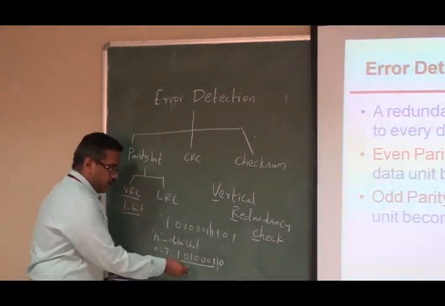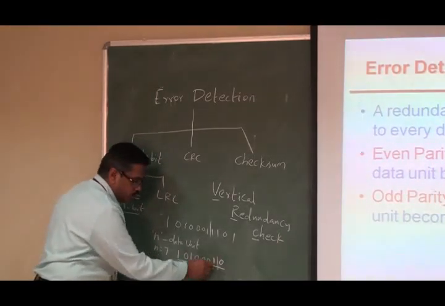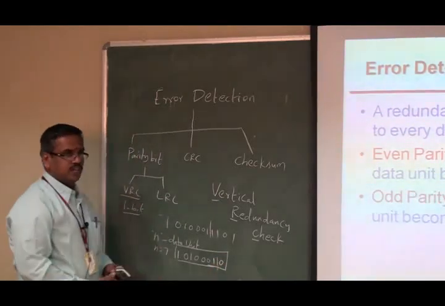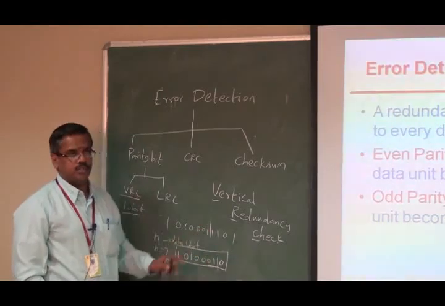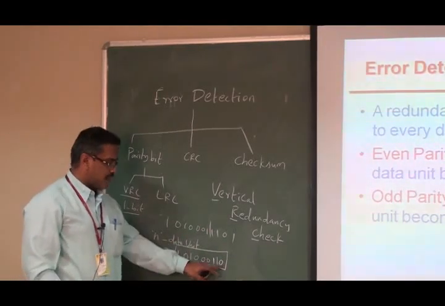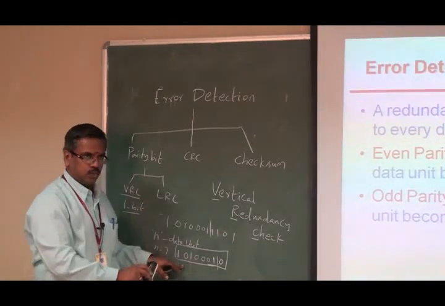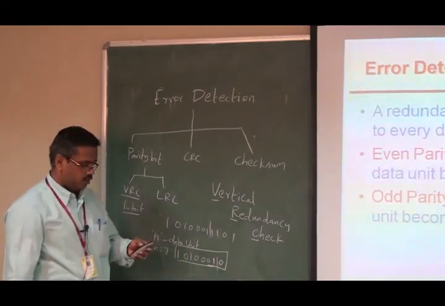Now combine the original data unit and this bit together and make it a unit. This is called a single data unit added with the parity bit. If it is added with 0, this uses odd parity. When you add 1 here, it is even parity.